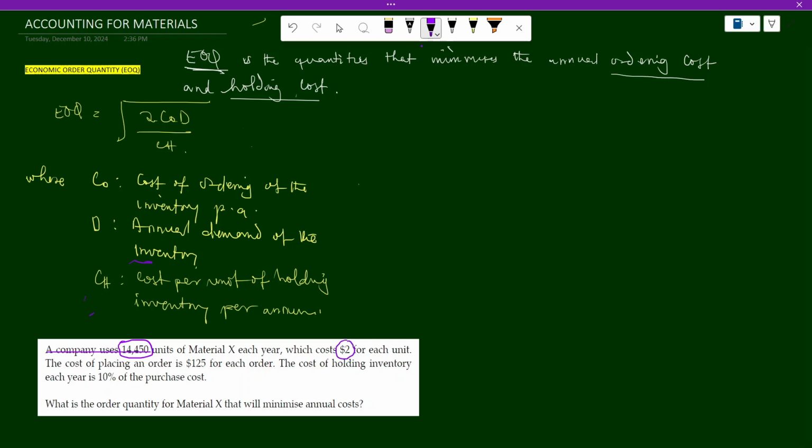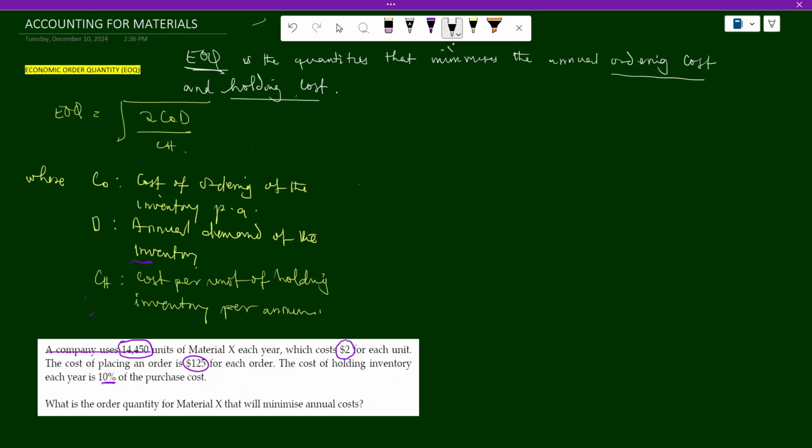The cost of placing an order is $125 for each order. And the cost of holding inventory each year is 10% of purchase cost. What is the order quantity for material that will minimize the annual cost? So the quantity that will minimize annual cost is the economic order quantity.